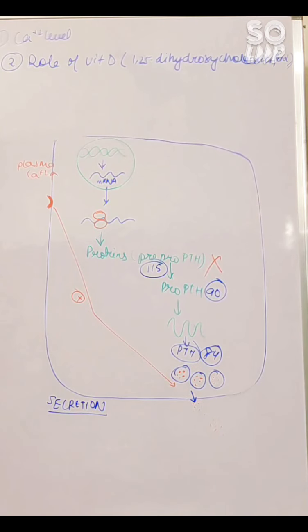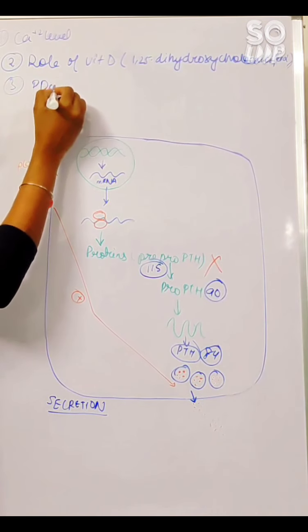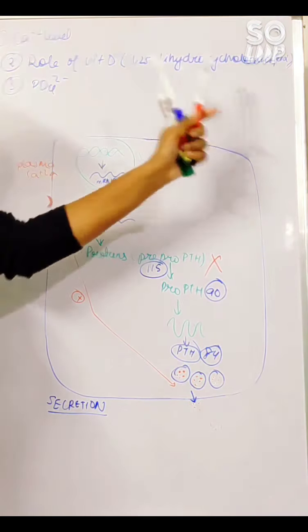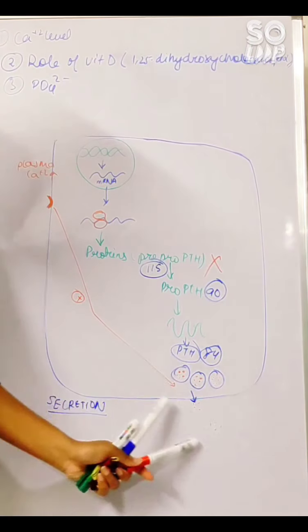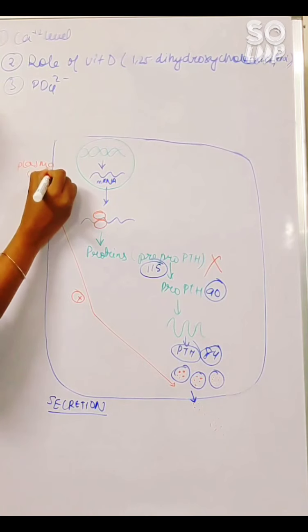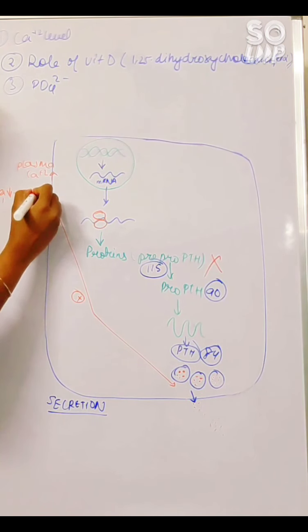Now the next factor is the role of plasma phosphate concentration. Here it is the reverse of calcium. When there is a rise in plasma phosphate, that will stimulate PTH secretion. We discussed that when calcium level is low, PTH secretion happens.